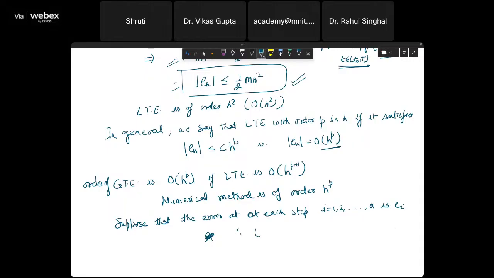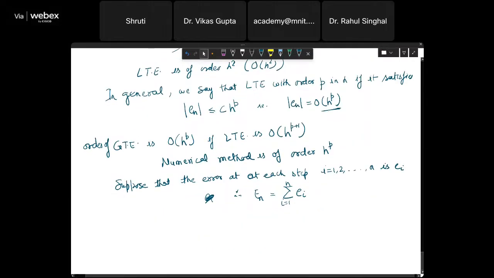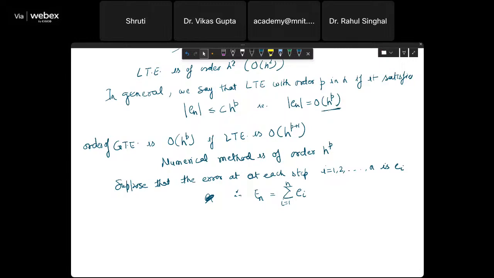So we can write that the global truncation error will be the summation of E_i, i going from 1 to n. If our method has local truncation error of order p plus 1, then we know that mod of E_i is less than or equal to c h to the power p plus 1. We have just observed it.